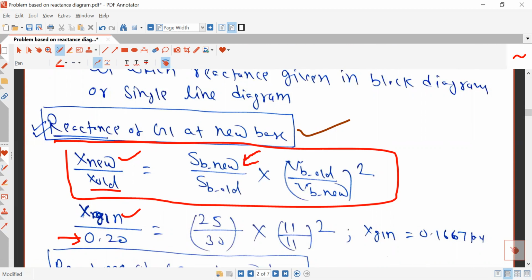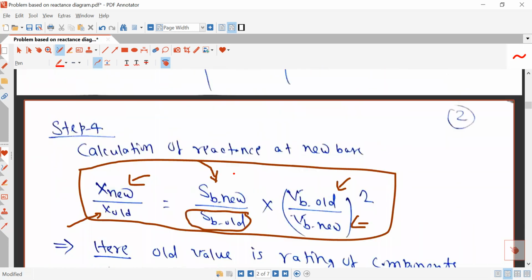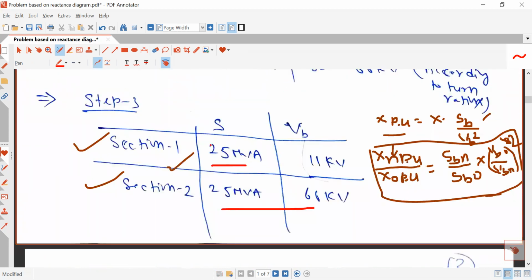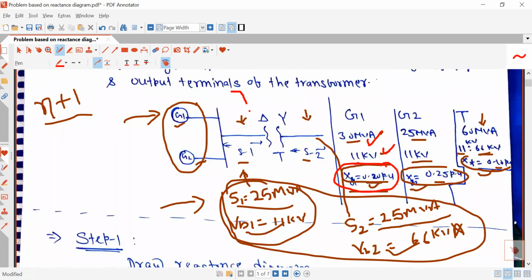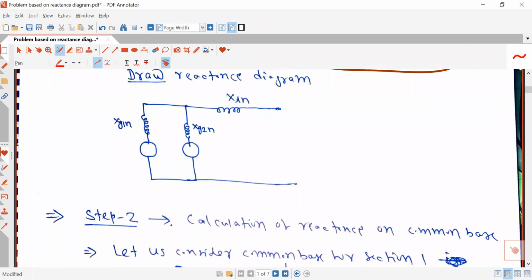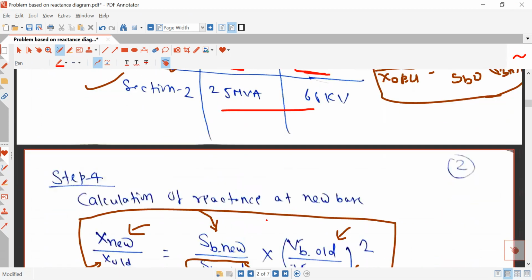The new MVA value is 25 MVA, because the generator exists in section 1, and the base value for section 1 is 25 MVA and 11 kV. So this will be the new value. This is SB new and this will be VB new.